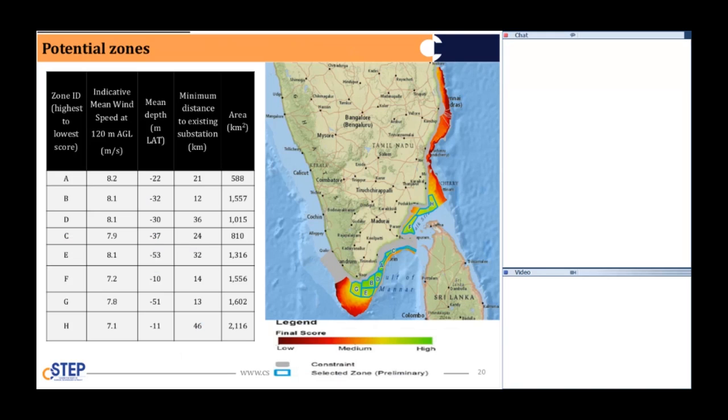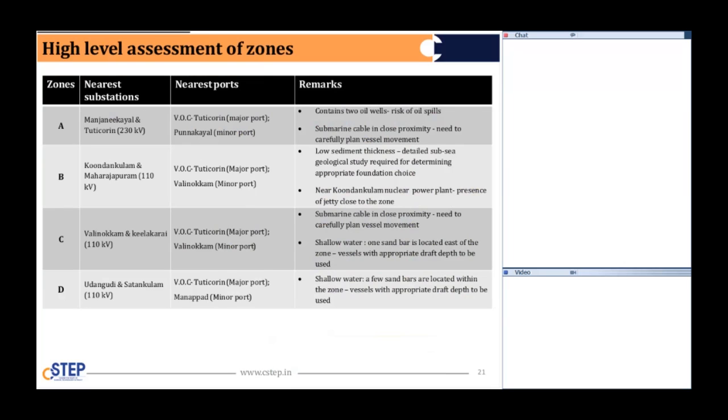Minimal distance to the nearest substation. So if you notice, all these factors play an important role in terms of financing these projects. Distances, supports, logistics activities are a major chunk. So the best possible suitable zones after integrating all those constraints gave us the tentative zone.